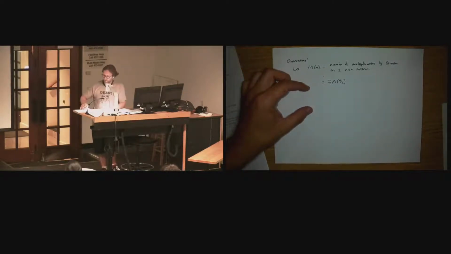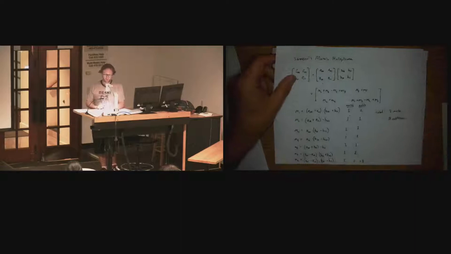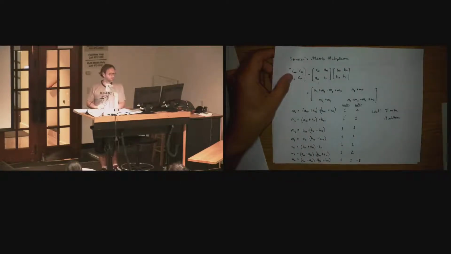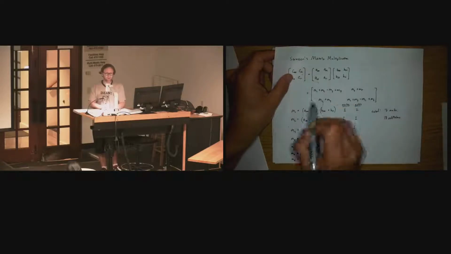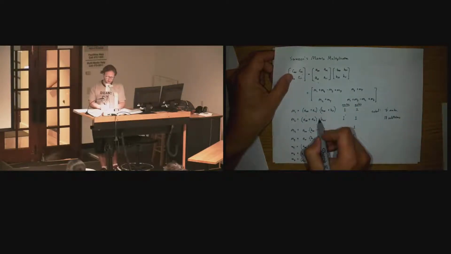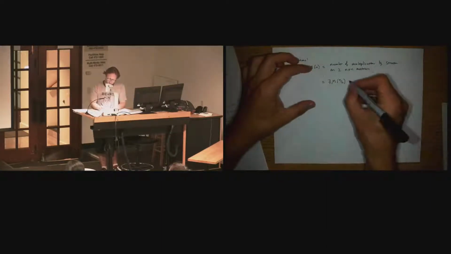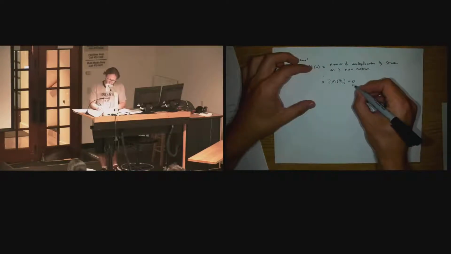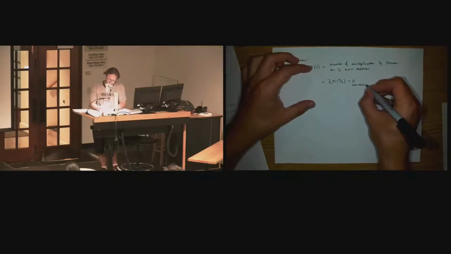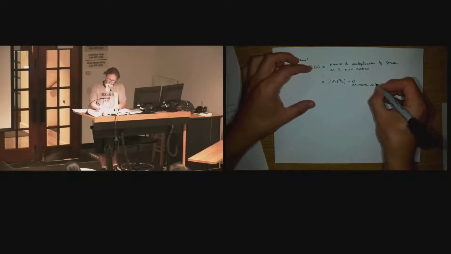Now, how many non-recursive multiplications did we do here? We did a lot of non-recursive additions and subtractions, but each one of these multiplications right here was a recursive call to Strassen's matrix multiplication algorithm. Other than those recursive calls, we didn't do any non-recursive work here. There are 0 non-recursive multiplications.